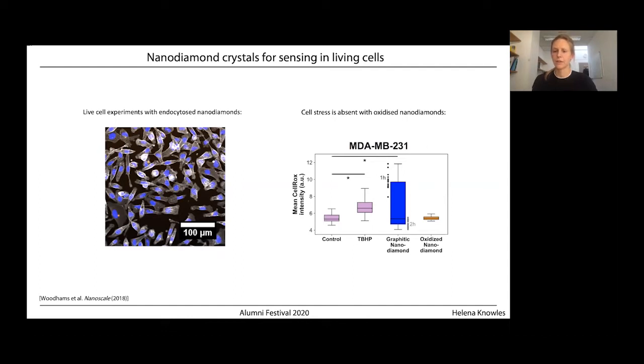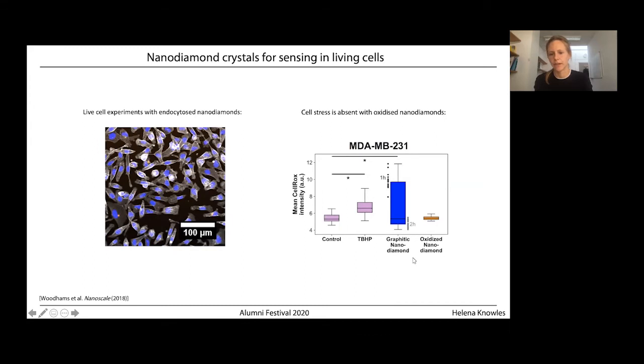And we can use a dye-based detector for stress levels inside a cell to tell us whether the cells are happy or whether they feel really disturbed by having digested some diamond nanocrystals.